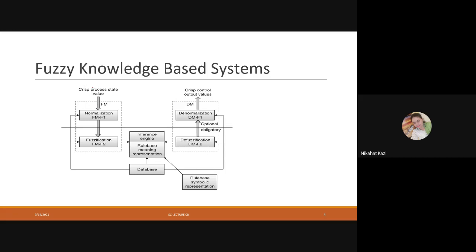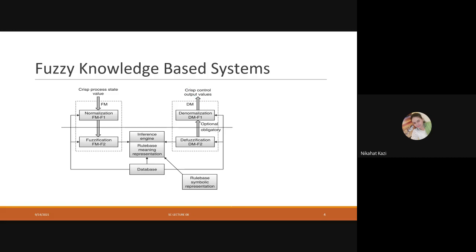Whatever the input is, it goes inside this fuzzy knowledge based system, then certain blocks and operations are applied over the input, and finally you get the output.